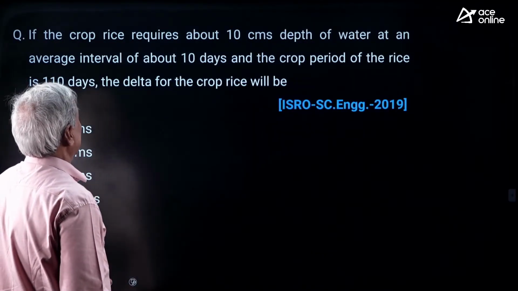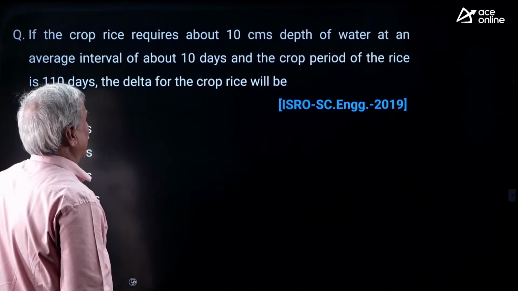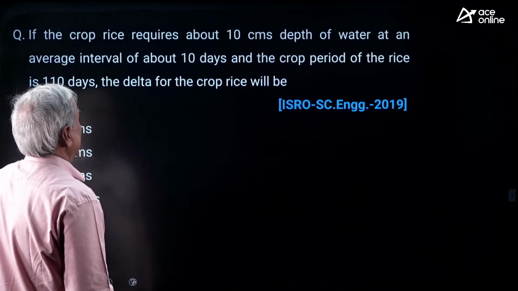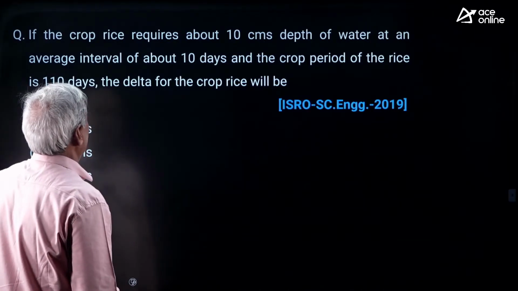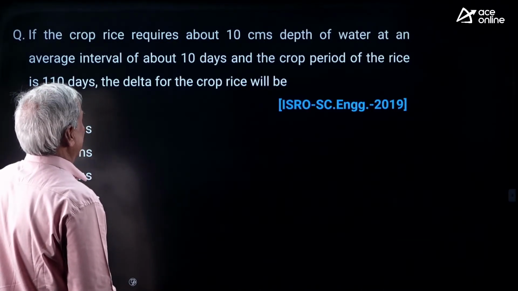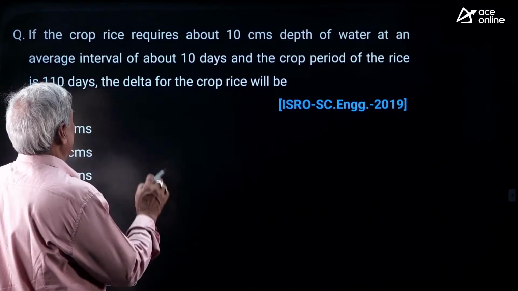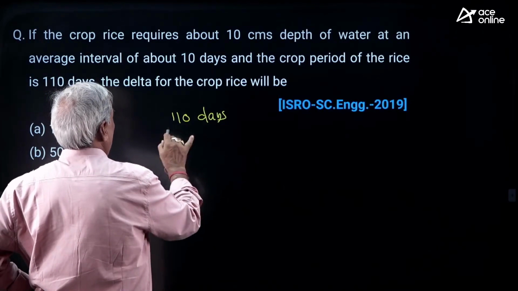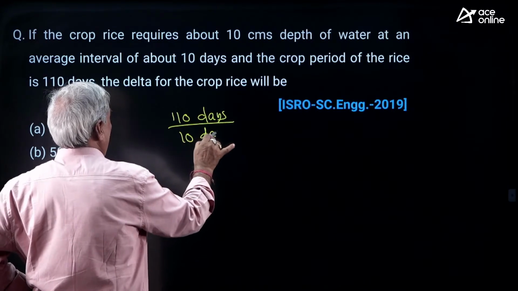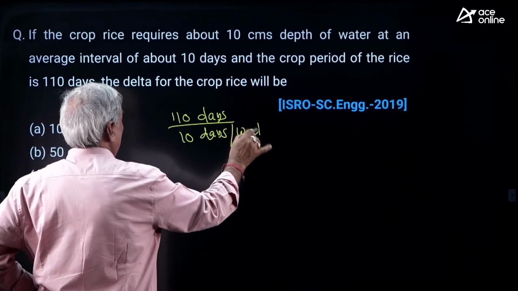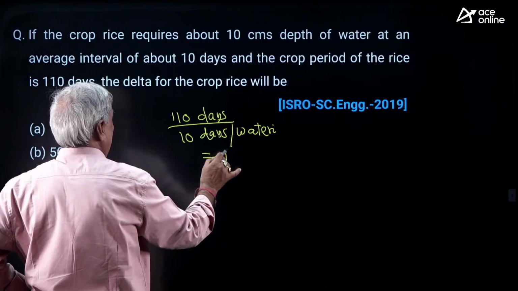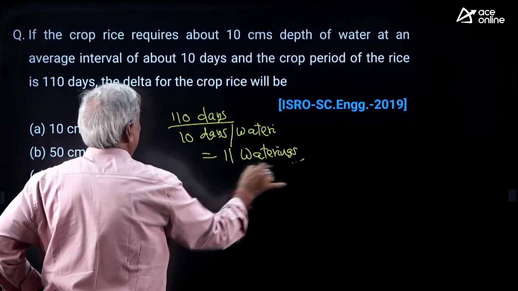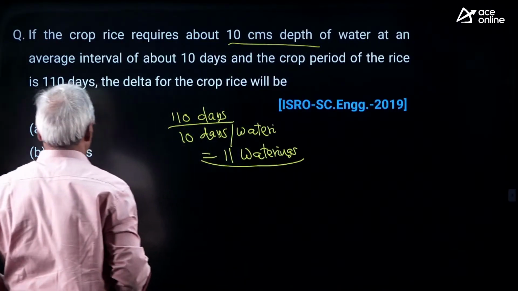If the crop rice requires about 10 centimeter depth of water at an average interval of about 10 days and the crop period of the rice is 110 days, so in 110 days we will give 11 times, 11 into 10, 110 centimeters. 110 days divided by 10 days per each watering, we can calculate that is 11 waterings. 11 waterings, every time 10 centimeters.